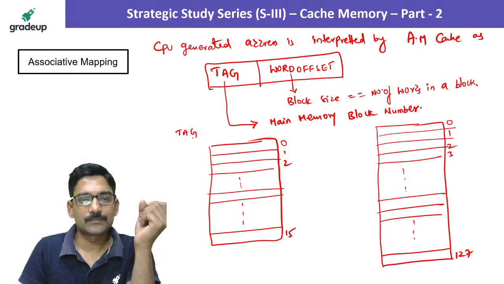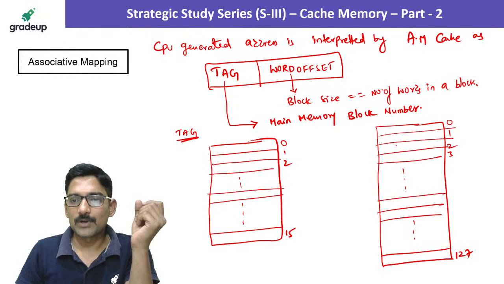Now let's say I am copying word X, but I don't copy only that word.